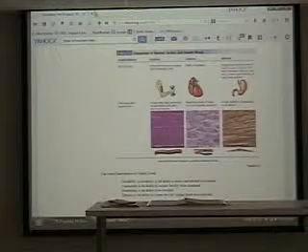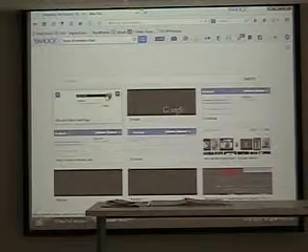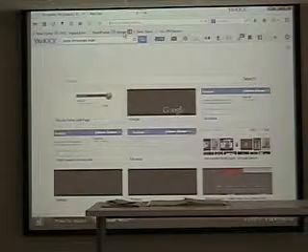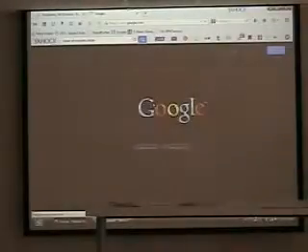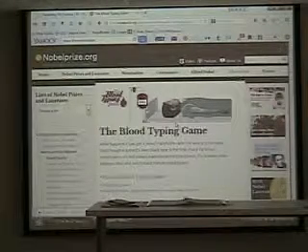All right. Let us now look at this, the blood typing game, and again, it'll be available on Moodle as well.